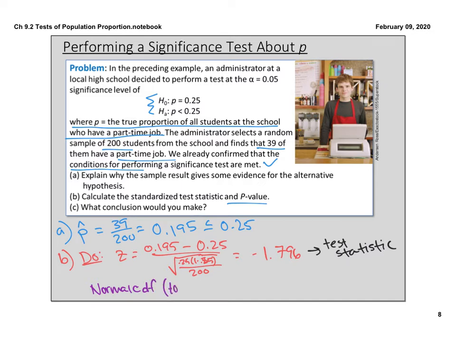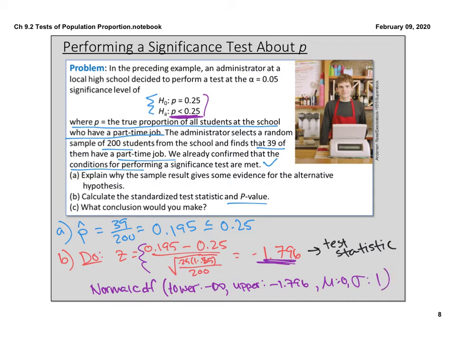My lower bound, because my alternative is that it's underneath, so I want to test from down below, like negative infinity, up to my test statistic, which is the negative 1.796, because that's the statistic that I got from doing all of this with my data. And then my mean is now 0, and my standard deviation is now 1, and plug all that in.